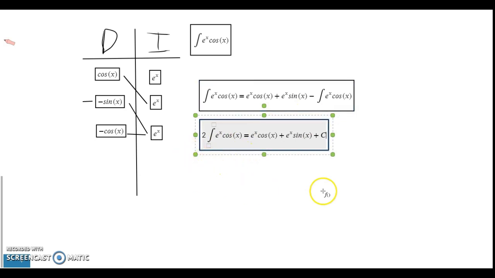Alright. Now that we've moved this integration to the left side, right, and we did that by adding this term, the integration of e to the x cosine of x, to both sides, right? So this side is going to be 2 times, and this side is going to disappear. And now all we need to do is just, like before, algebra, to get the 2 to the other side.